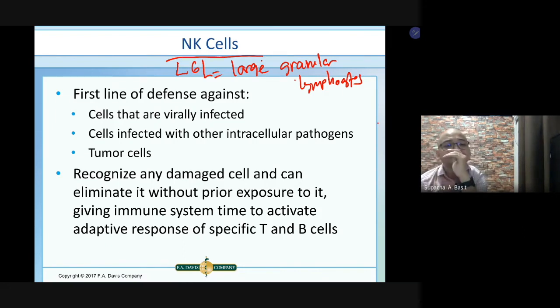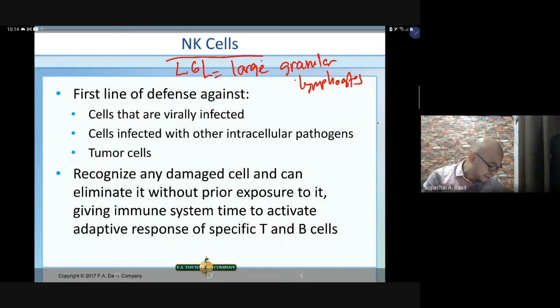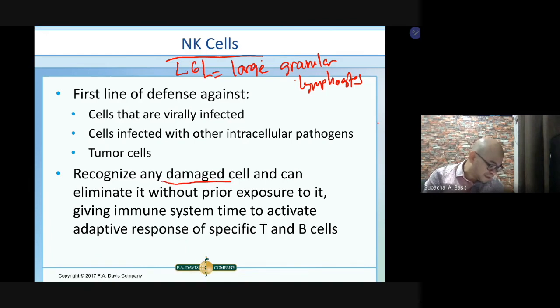Large granular lymphocytes are another term for natural killer cells, because we are taught that the two main types of lymphocytes are T cells and B cells, but there is a third one. So they are very potent because the natural killer cells can easily recognize any damaged cell and eliminate it without prior exposure to it.